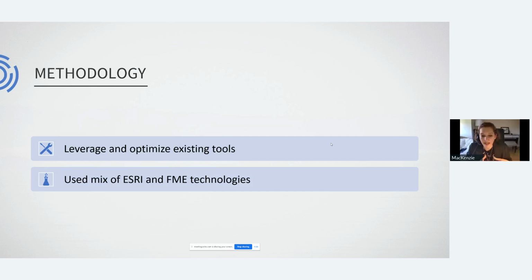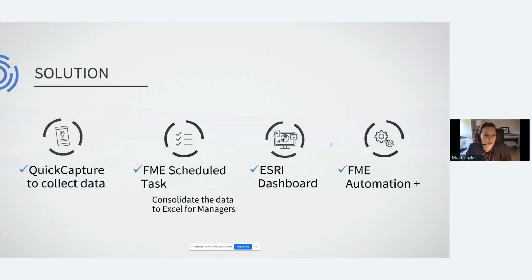They already had FME Server technology and Esri technology, and they decided to leverage their existing tools in order to meet those objectives of better operational management of their road patrols and being able to have that information available when needed. The solution they implemented was a mix of Esri and FME tools. Esri's QuickCapture tool was used to collect the data in the field.